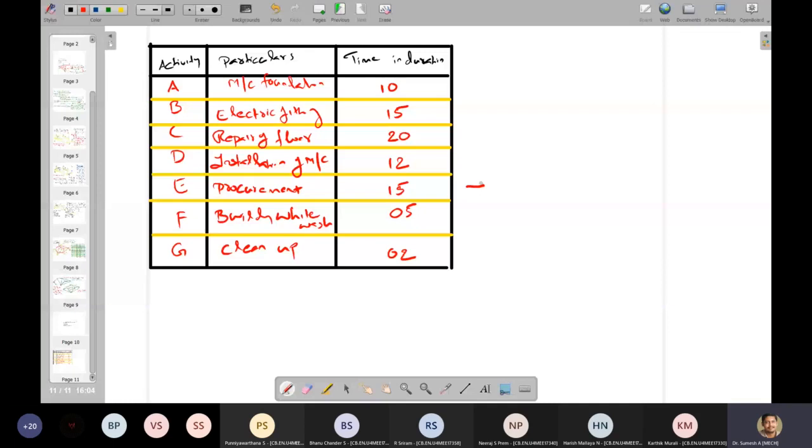Then activity A has a predecessor of E. B also has a predecessor of E. C has a predecessor of D. D has a predecessor of A. F has a predecessor of B. G has predecessors of C, comma F. So that is the data.